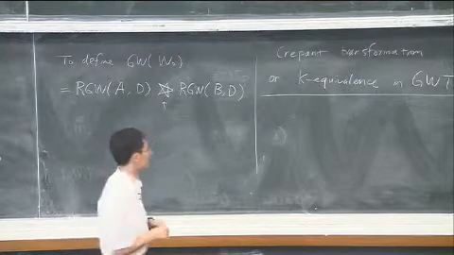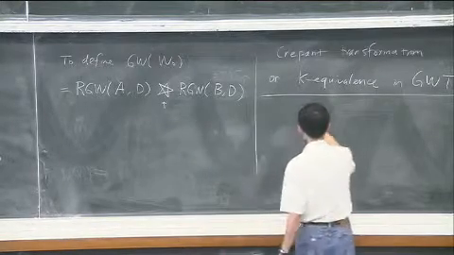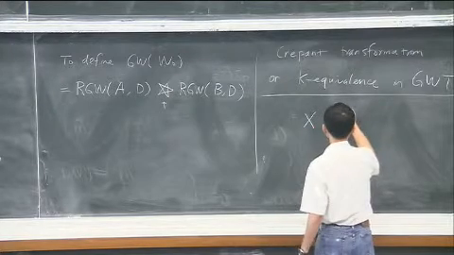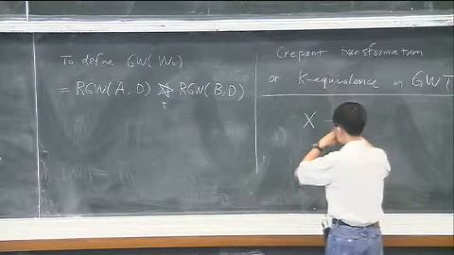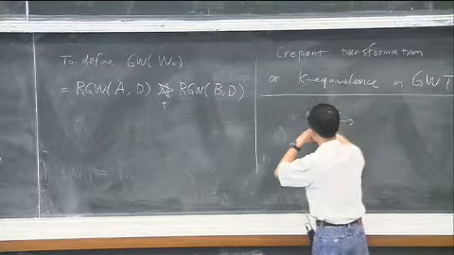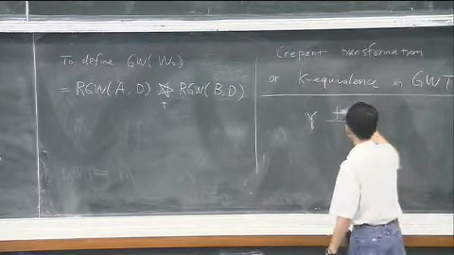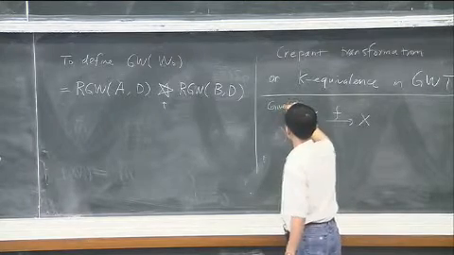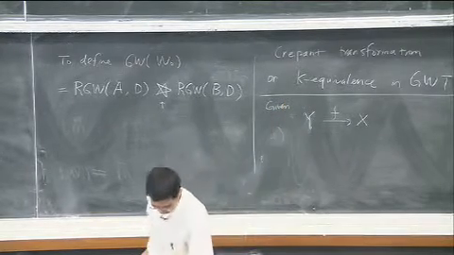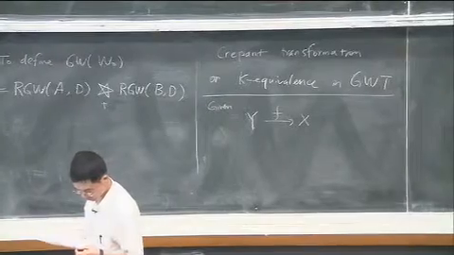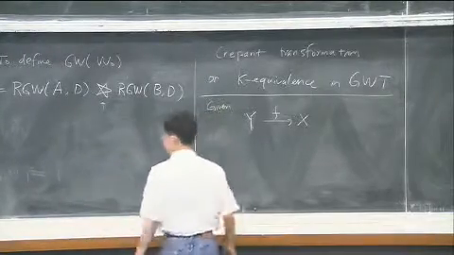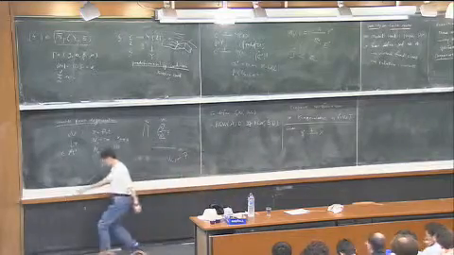So you can ask, if I have a continuous map or a morphism, maybe I'll say Y to X. Given a morphism, wait, did I use F? No. Good. Because F is the map, right?